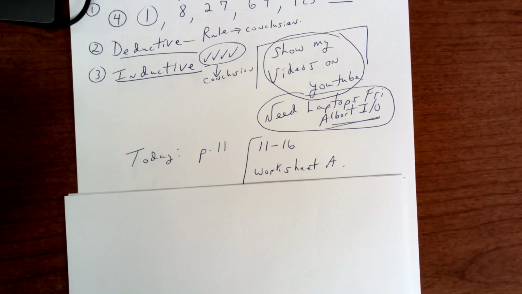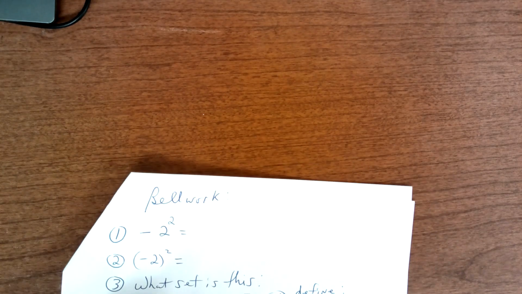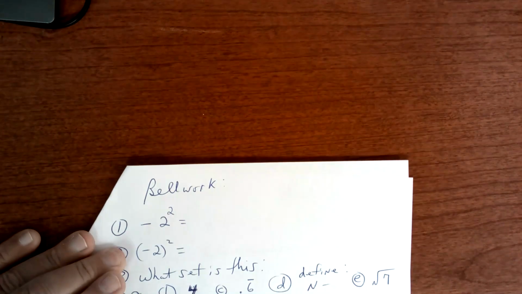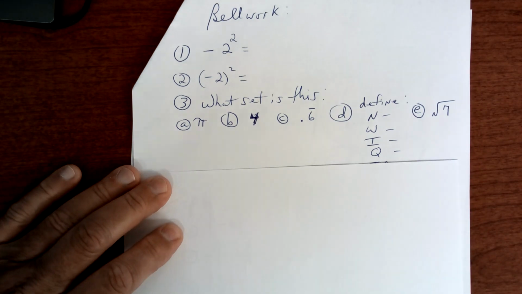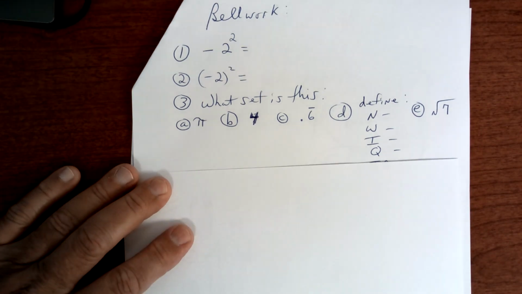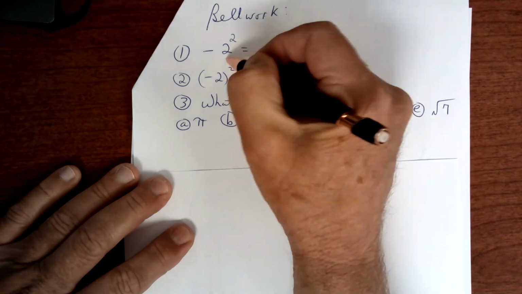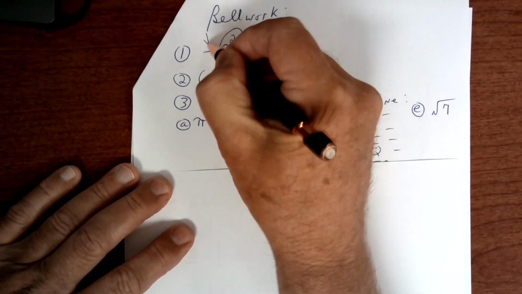Let's turn our attention now to college algebra. Okay, so let's take a look at the bell work. So this one right here is tricky. See, only the 2 is squared, not the negative. There's no parentheses.